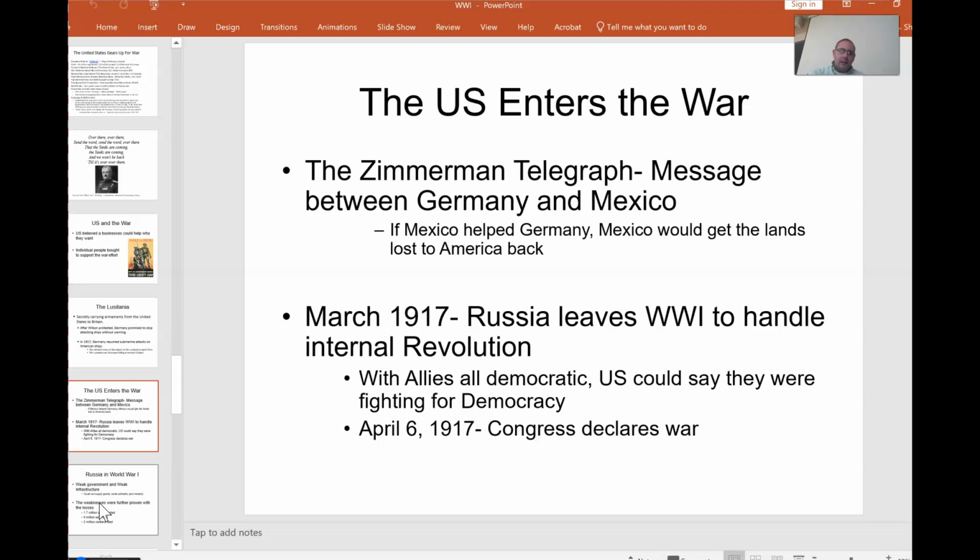Then Russia leaves World War One. There's a Russian Revolution, and in March 1917, the Russians are forced out of the war because the Tsar is ultimately killed, and this sort of opens the way for America to say, we are here defending America.